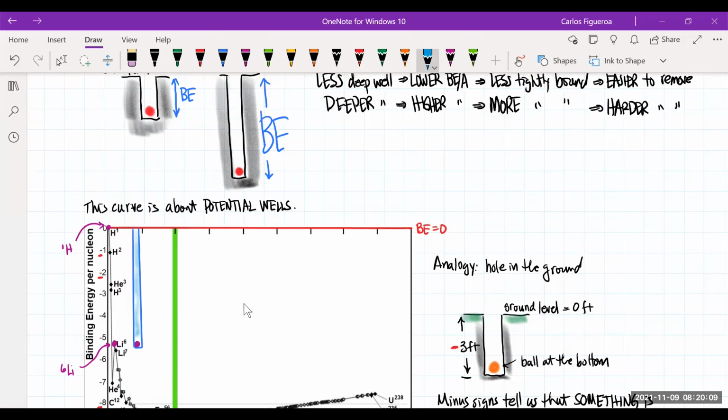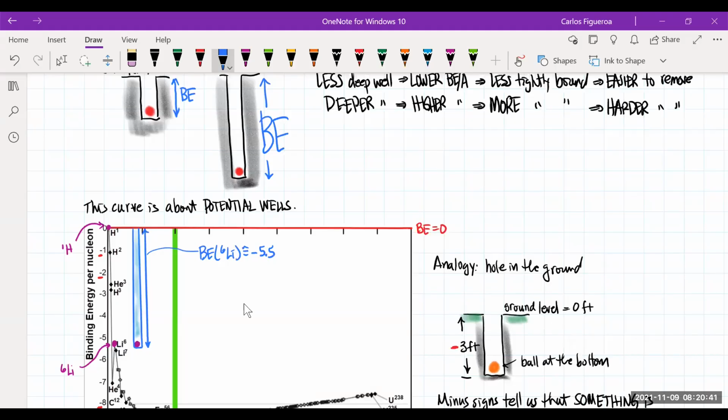Then the question is, how far is it in there? What you're seeing here is that for the depth of this, I'm going to look at the number to the side here. As I go from here to here, I'm finding that the binding energy of lithium 6 has a value of about minus 5.5.